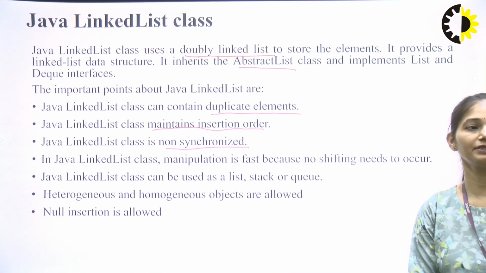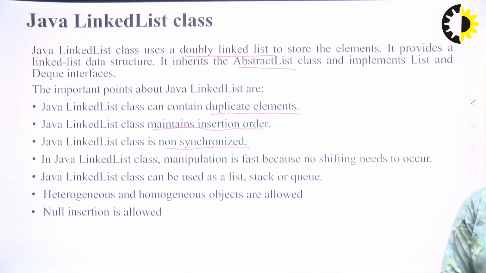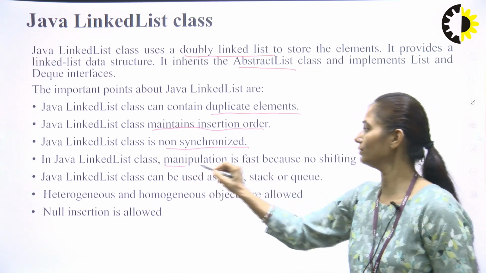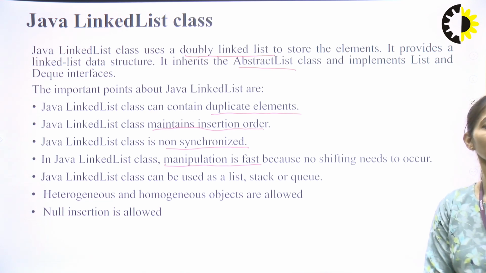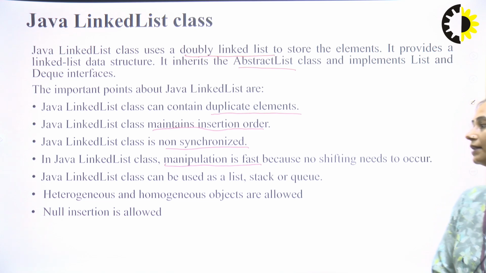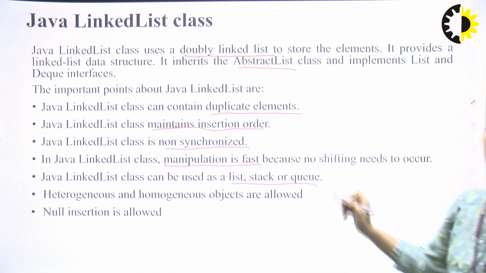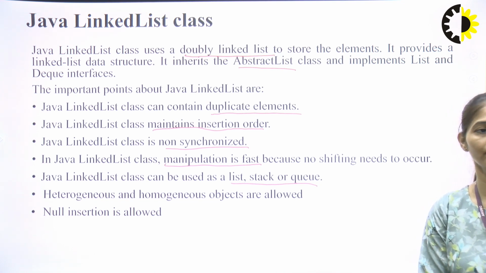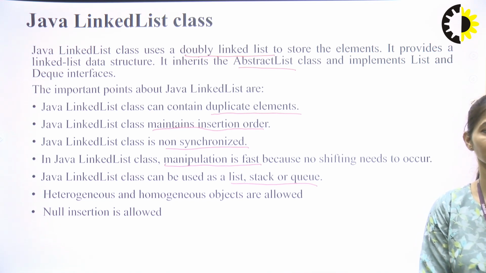In the Java linked list class, manipulation is fast because no shifting needs to occur. It means there is fast manipulation for insertion of various elements, as shifting of only one node is required. The Java linked list class can be used as a list, stack, or queue. As we have studied in data structures, stacks and queues are implemented as LIFO and FIFO structures.